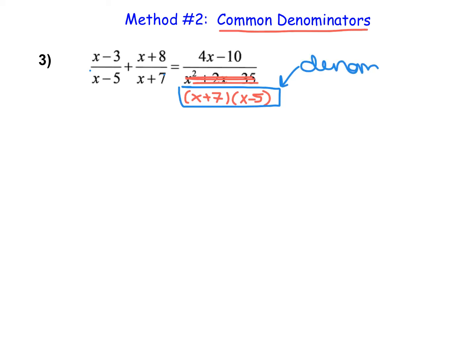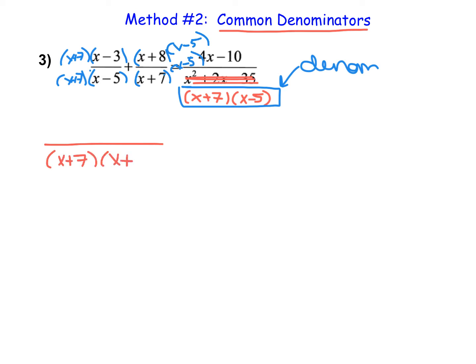If I multiply this first expression here by the x plus 7, that will get me that common denominator. And if I multiply this second expression here by x minus 5, I'm going to get the common denominator I need there as well. So our common denominator is going to be x plus 7 times x minus 5.